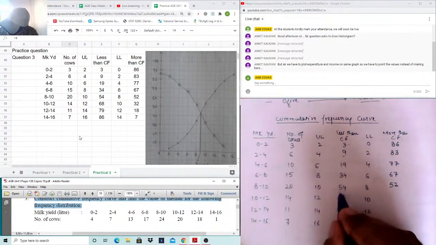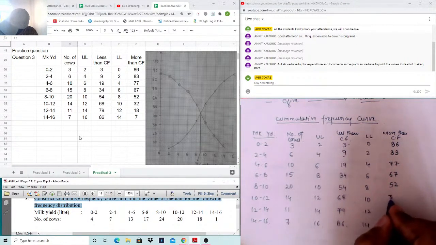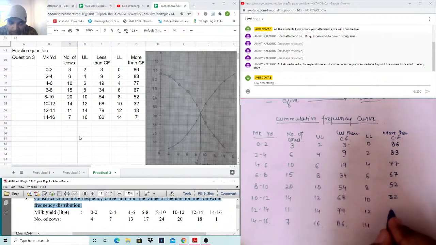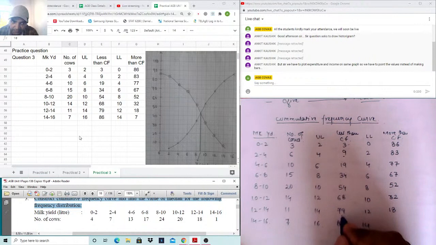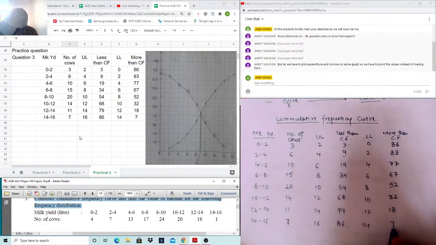Then 86 minus 54 will be 32. Then 86 minus 68 will be 18. And then 86 minus 79 will be your next value.